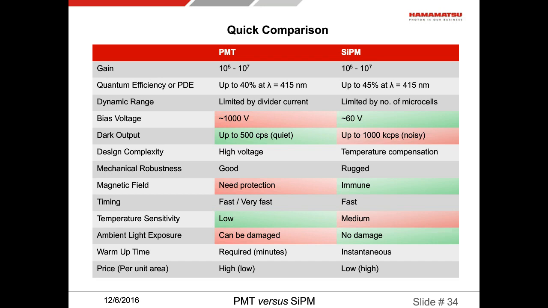Magnetic field, PMT needs protection. SiPM immune. Temperature sensitivity for PMTs is quite low. For SiPMs, medium. Again, if one wants constant gain, overvoltage must be kept constant because breakdown voltage is a function of temperature. Ambient light can damage PMT, no damage to SiPMs.